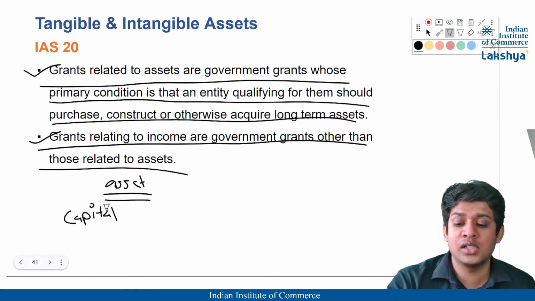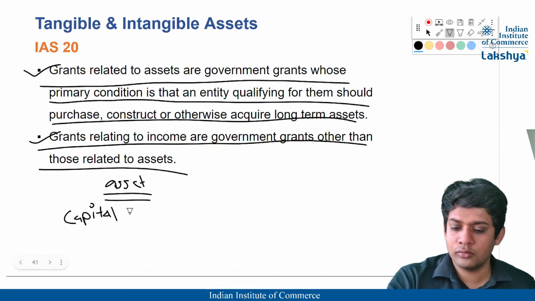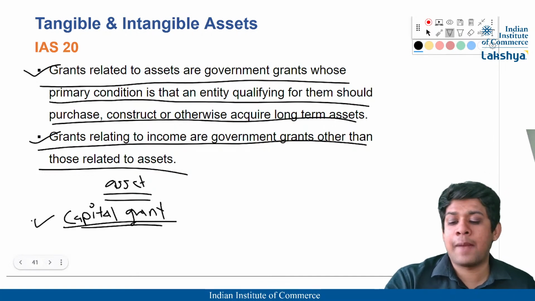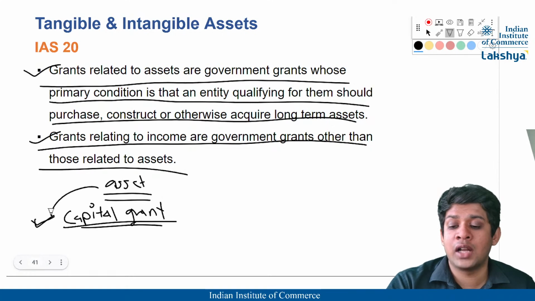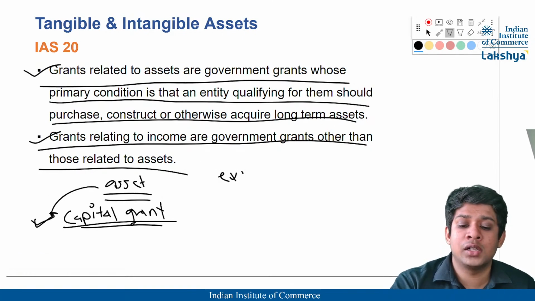So there are two types of grants. The first one is known as a capital grant, which is a grant related to asset. For the purchase or for acquiring an asset, I am getting a government grant, so it is known as a capital grant.